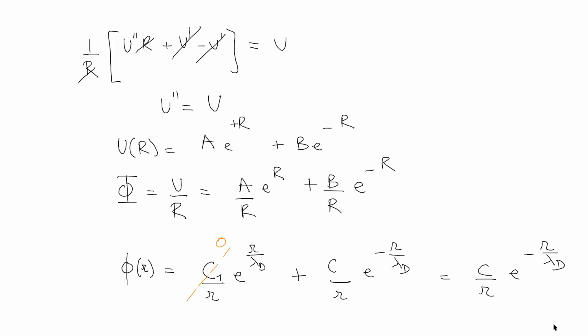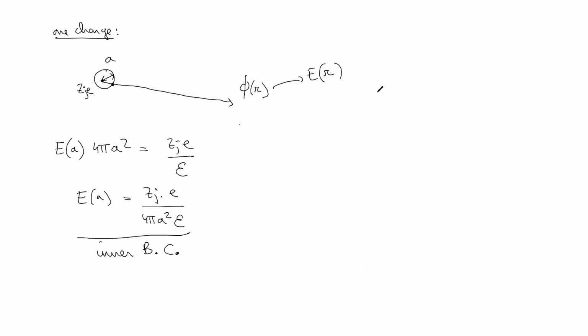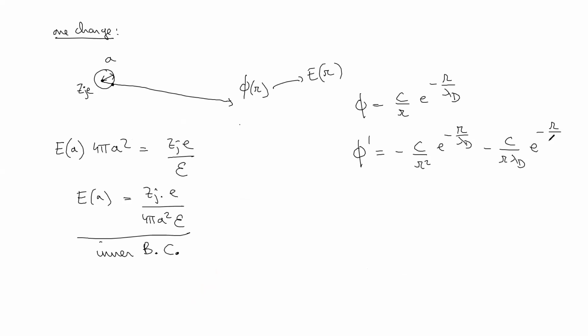So where is phi? Phi is here. Again, phi is C over R exponential minus R over lambda d. So phi prime is equal to minus C over R squared exponential minus R over lambda d, and minus C over R lambda d exponential minus R over lambda d.